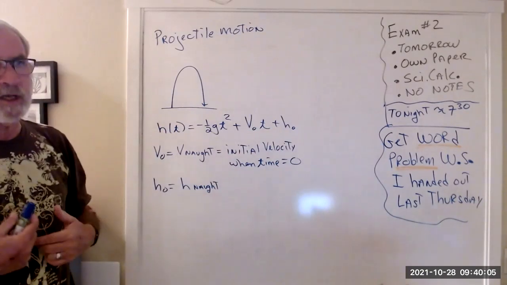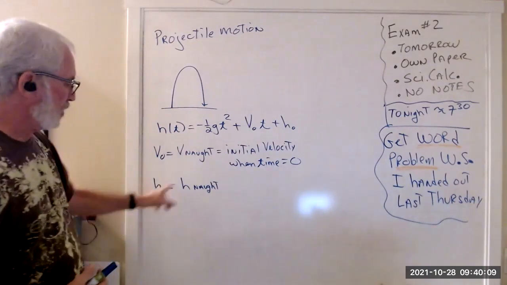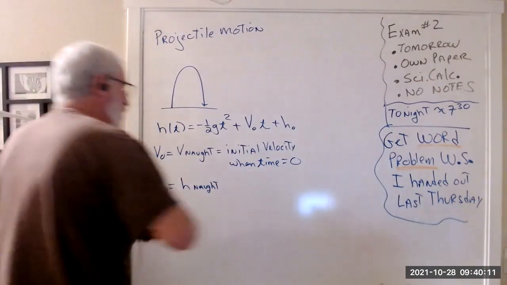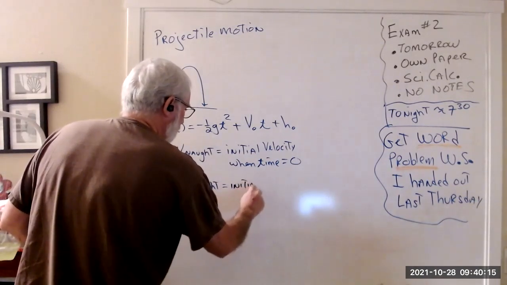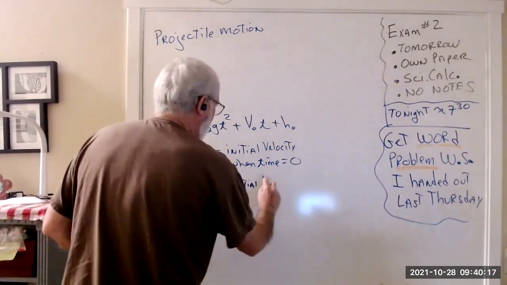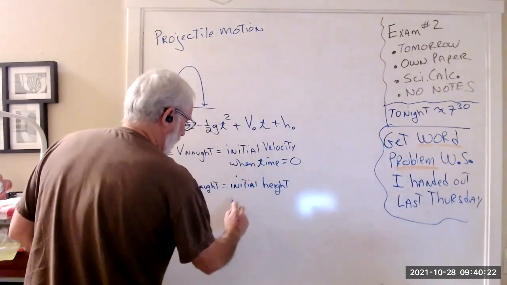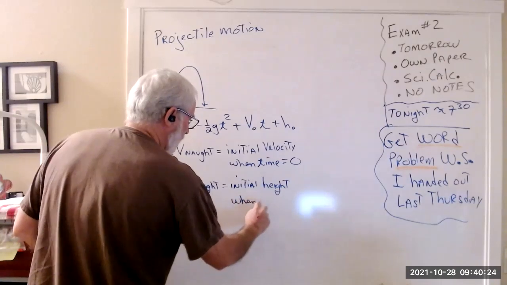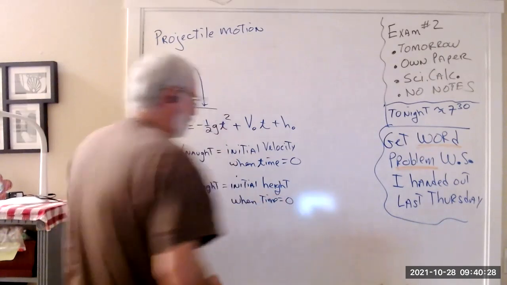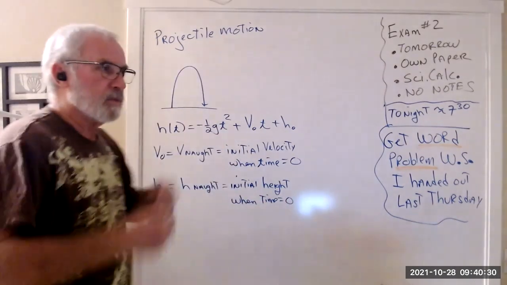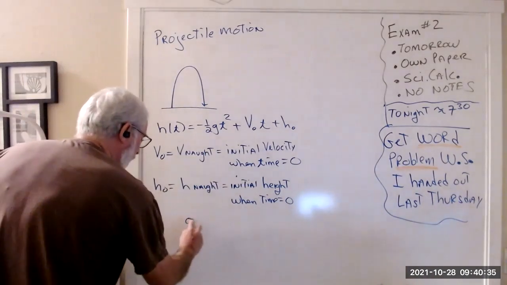I don't want you to get lost. But h sub 0 or h naught is called the initial height, and implied when time equals 0.